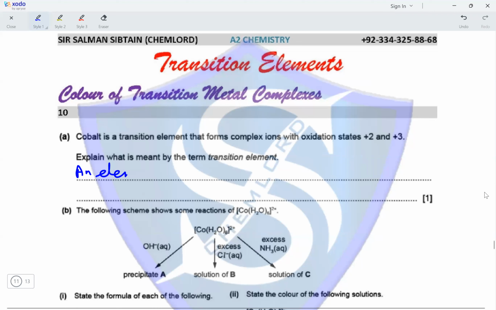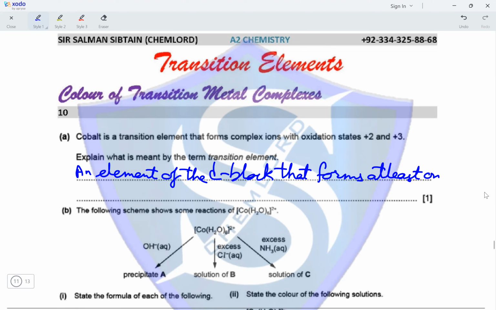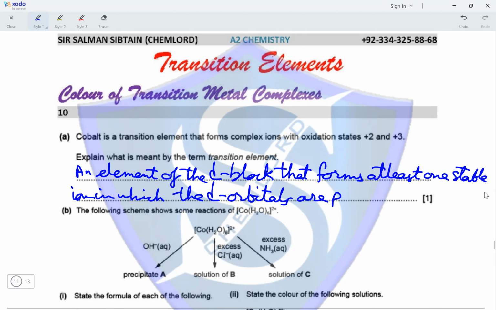An element of the d block that forms at least one stable ion in which the d orbitals are partially filled.